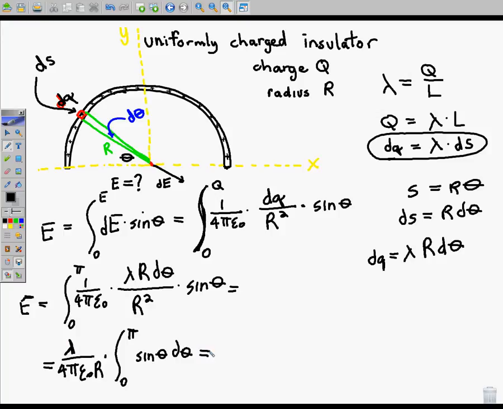And the good news is that's not that bad of an integral because we know the integral of sine theta d theta is negative cosine. So this is going to be lambda over 4 pi epsilon 0 times r times negative cosine of theta, and our boundary conditions are still 0 to pi.